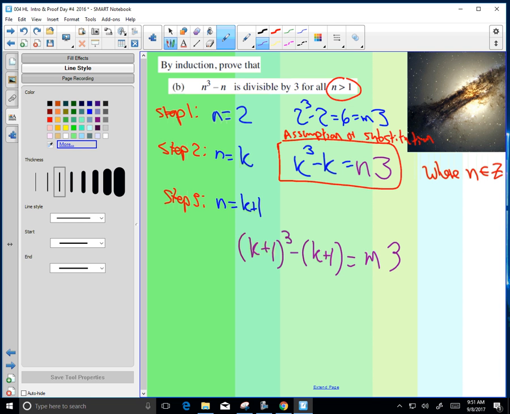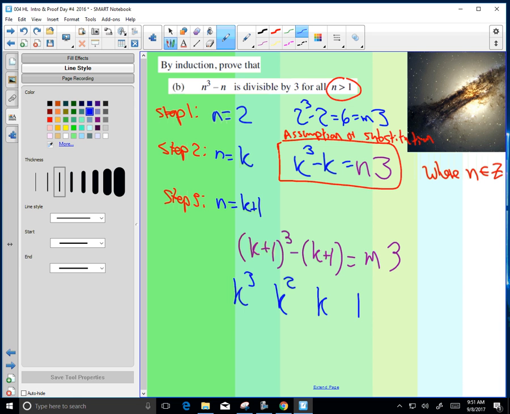Now, does that k plus 1 cubed scare you a little bit? Binomial expansion. It's a little yucky, but we can do it. So this is k cubed, k squared, k to the first, k to the 0. Then it's 1 squared, 1 cubed, so plus 1.